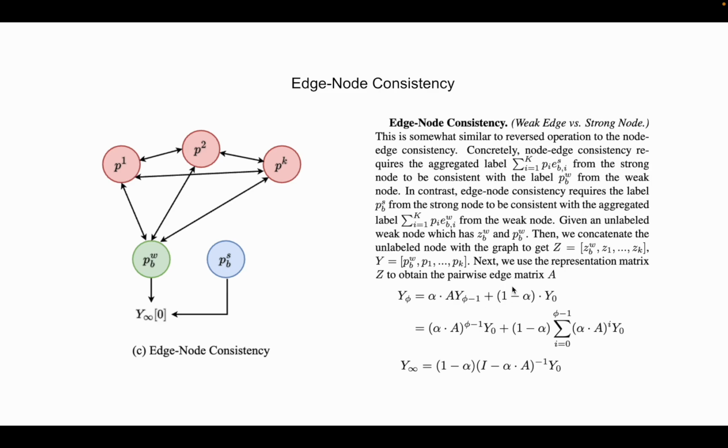Here we simply apply label propagation to propagate the graph for infinite times, and finally we obtain Y infinity. We also apply a cross-entropy loss between the strong node label and the propagated label.